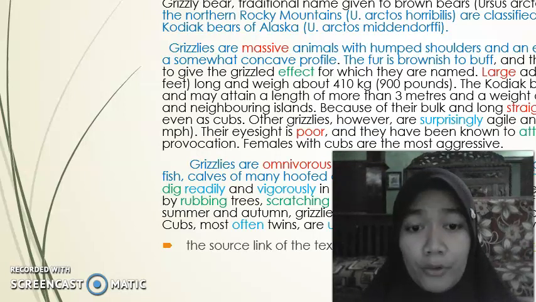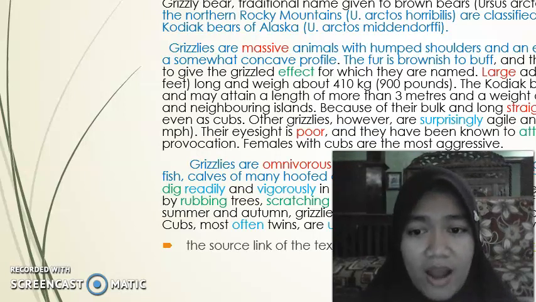Because of their bulk and long straight claws, these bears rarely climb even as cubs. The other grizzlies, however, are surprisingly agile and can run as fast as 48 km per hour or 30 miles per hour. Their eyesight is poor, and they have been known to attack humans without evident provocation.